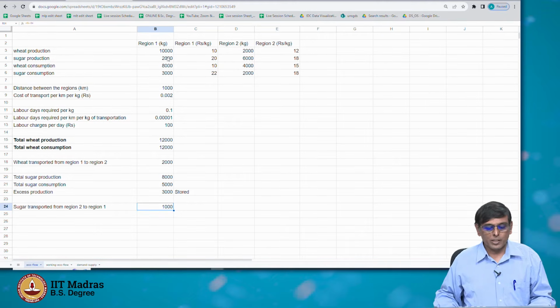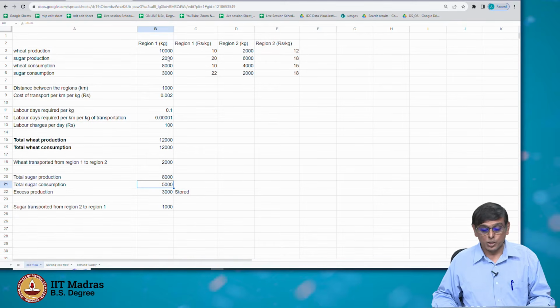So, total sugar, basically if you look, the total sugar production was 8,000, of which 3,000 was stored, 5,000 was consumed, but the consumption pattern in the two regions was different. 1,000 kilos was transported from region 2 to region 1.